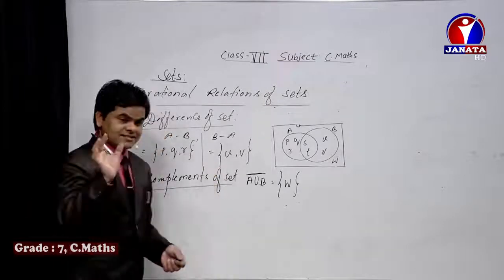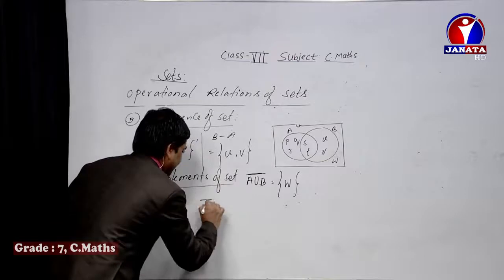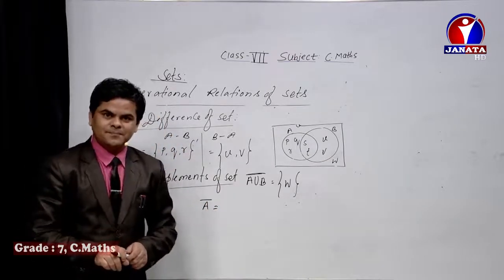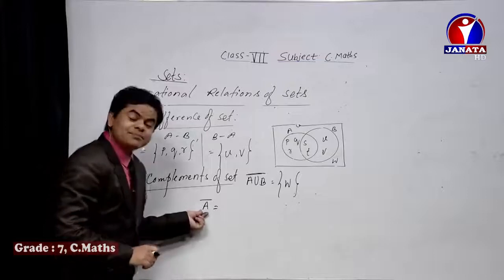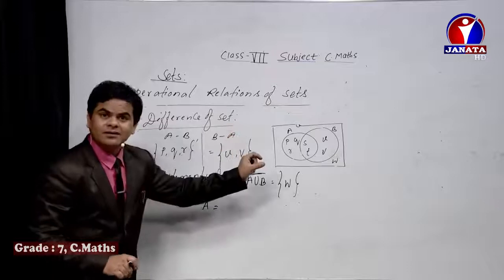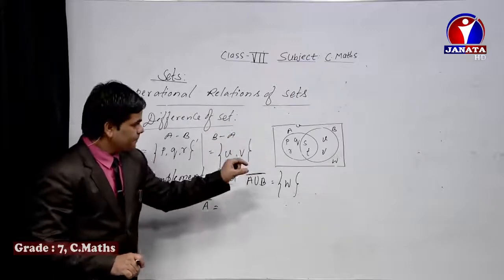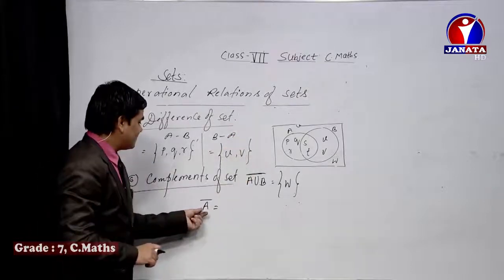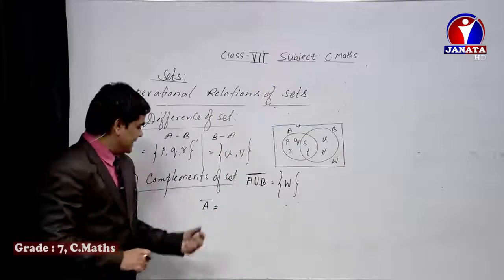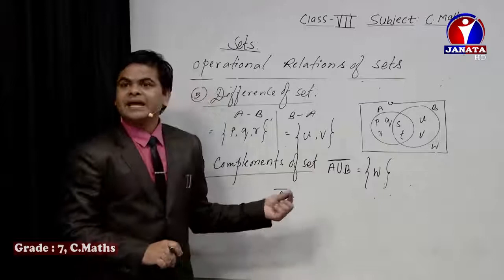Now another extra one I am taking, okay, dear students. A complement, if the question says to find out, then what will you do? Except the elements containing in set A, okay. Look at the circle of A in the Venn diagram and find out everything except the elements containing in set A, that is known as A complement.